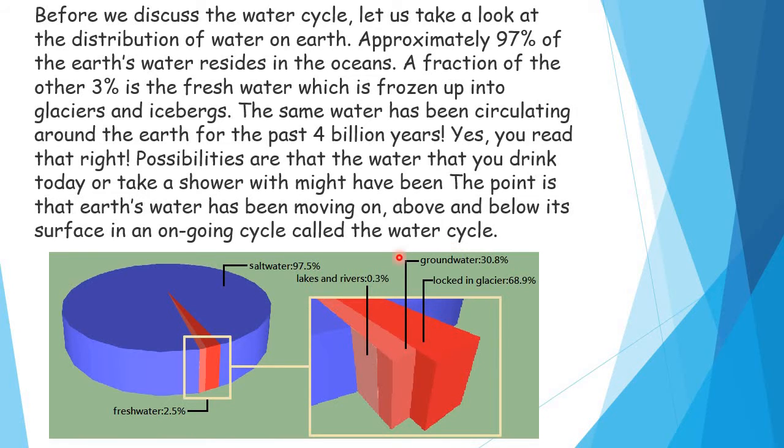Now if you look at this diagram, you will see the percentage of the water. The right point, which is showing here in the round diagram, is 2.5% fresh water, and the rest of the blue portion in the whole diagram is salt water, which is 97%.